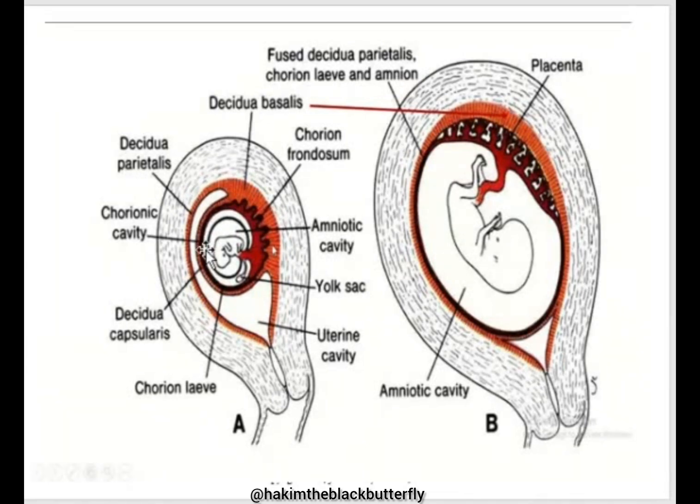With continuous growth, the chorionic membrane and the decidua capsularis also will fuse with the decidua parietalis at this level, and also the uterine cavity above will also close. And that is what we are seeing here.